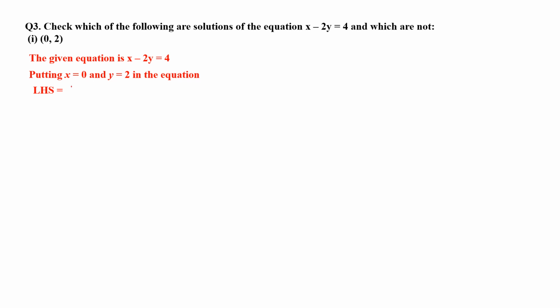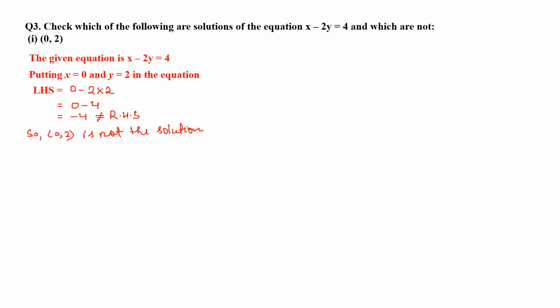So x minus 2y means 0 minus 2 into 2, and from here I get 0 minus 4, which is minus 4. And you can see, RHS is 4. So I will write this is not equal to RHS. So (0, 2) is not the solution. Okay, so like this you have to solve such type of question.